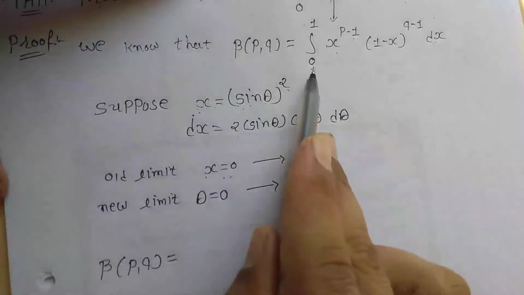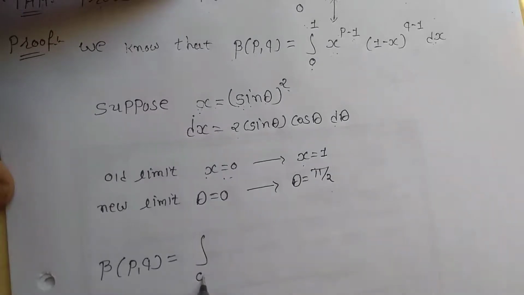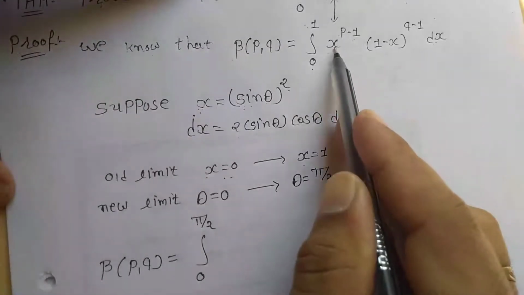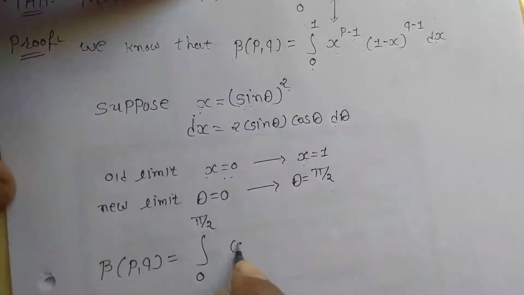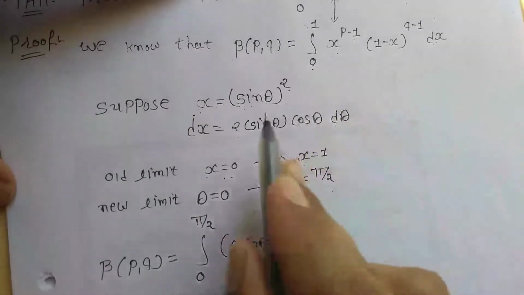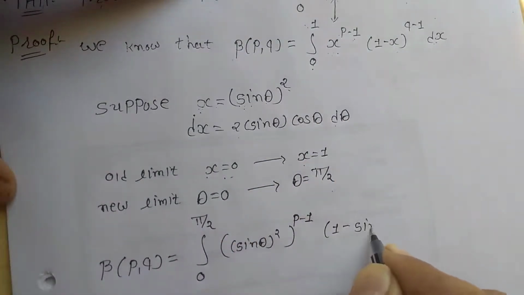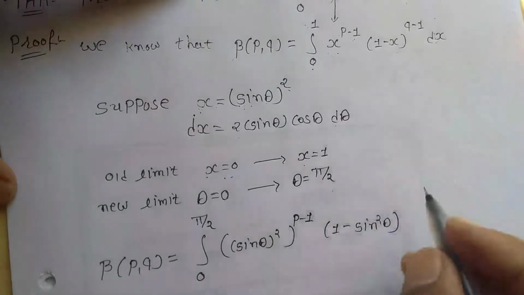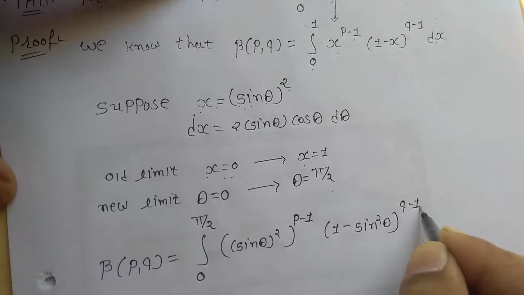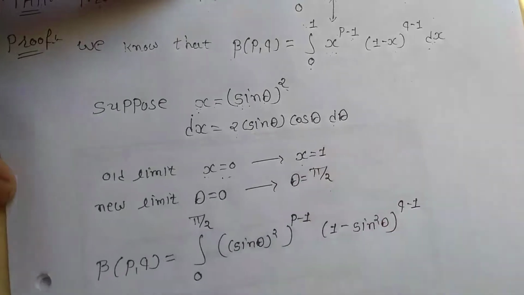This is our old limit 0 to 1, and the new limit is 0 to pi by 2. x raised to p minus 1, but we have x as sine square, therefore sine square raised to p minus 1 into 1 minus x, but x is sine square, so 1 minus sine square raised to power q minus 1 dx, but your dx is 2 into sine into cos d theta.